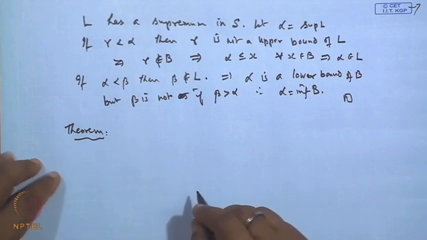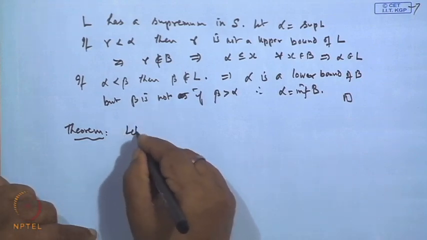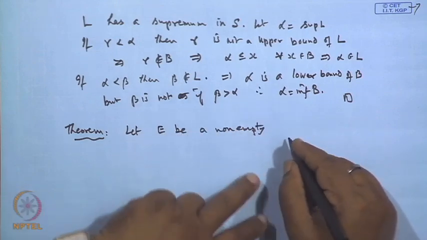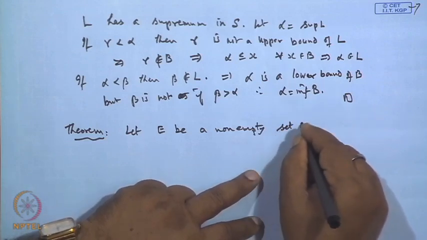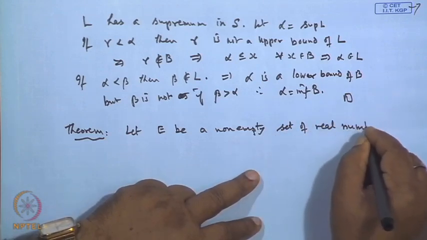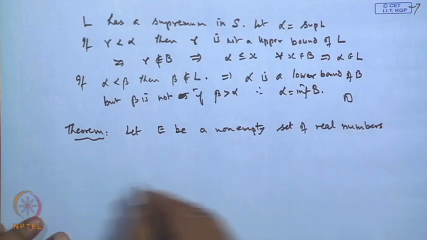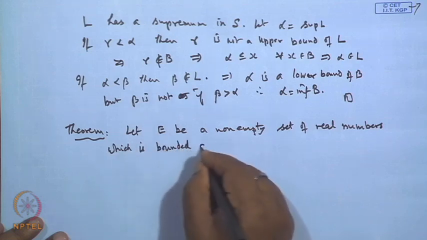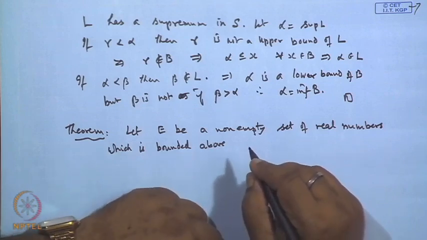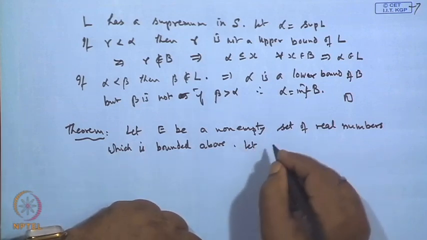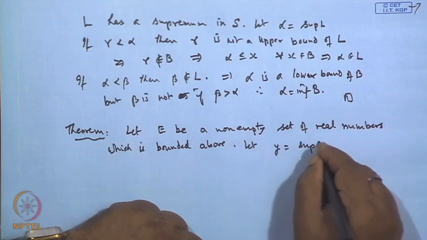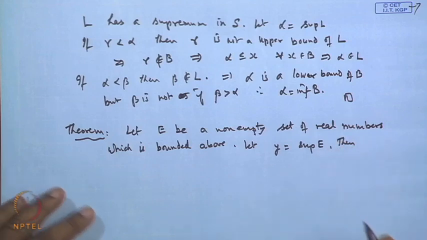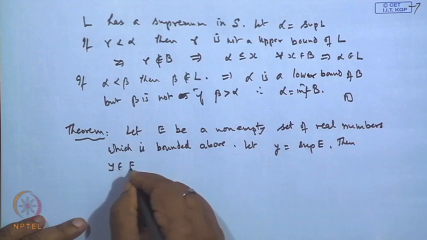The result is: let E be a non-empty set of real numbers which is bounded above, and let y be the supremum value of E, that is, the least upper bound for E. Then the result says that y will be a point of closure of E.